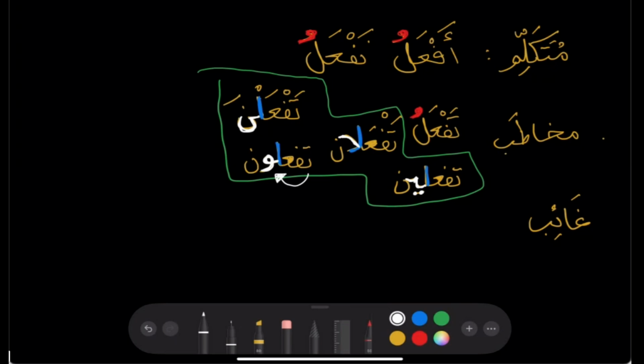So in all these cases, something suffixed. So the sign of Rafa is not going to be a Dammah. The sign of Rafa is going to be, if what attached were a ya or an alif or a waw, yani any of these three here, then the sign of Rafa is going to be a noon instead of a Dammah.